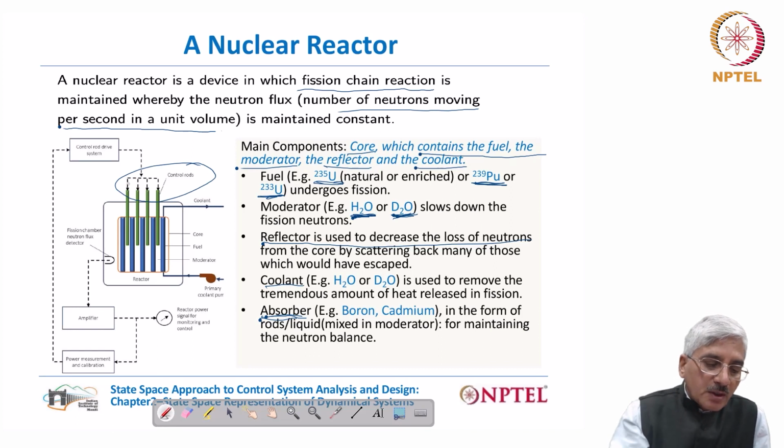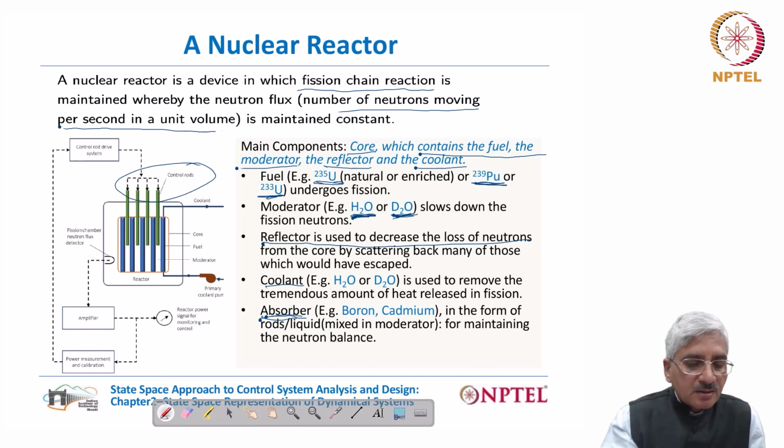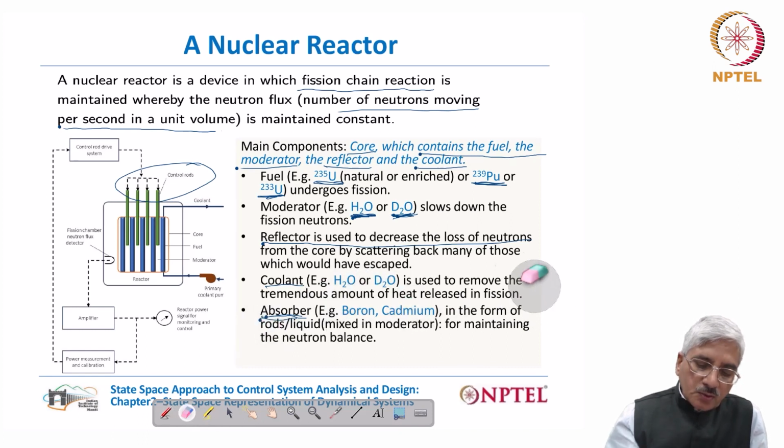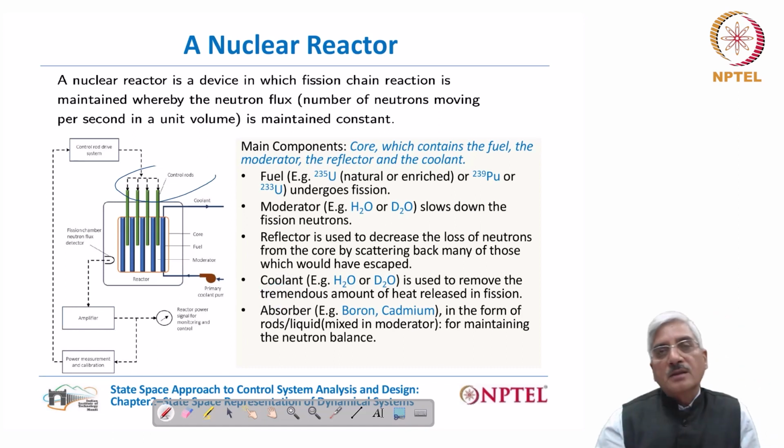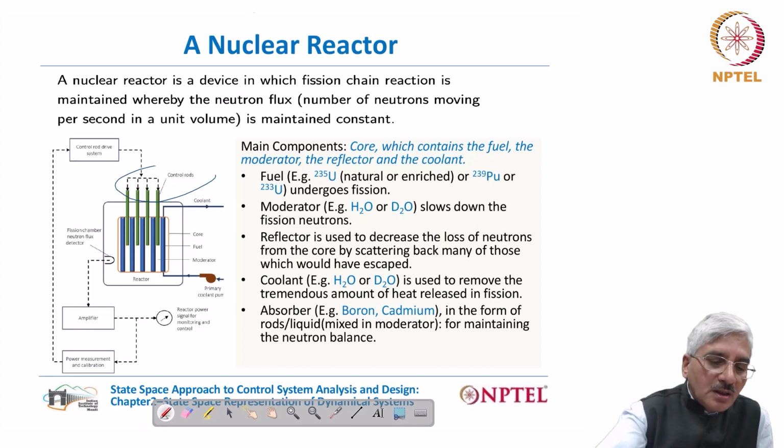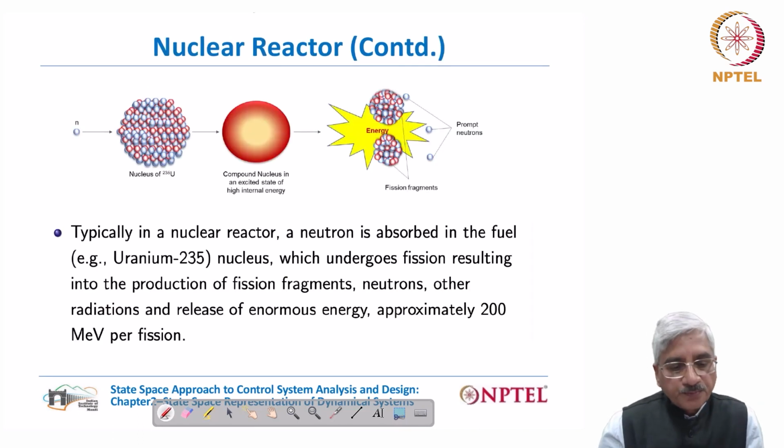They may be in the form of control rods which manipulate the operating power of the reactor, or sometimes they are also used, of course, a different system of rods to shut down the nuclear reactor. So essentially, the key to reactor operation is to be able to operate it at a constant neutron flux or to change the neutron flux in the desired manner. And it boils down to controlling the rate of fission reaction.